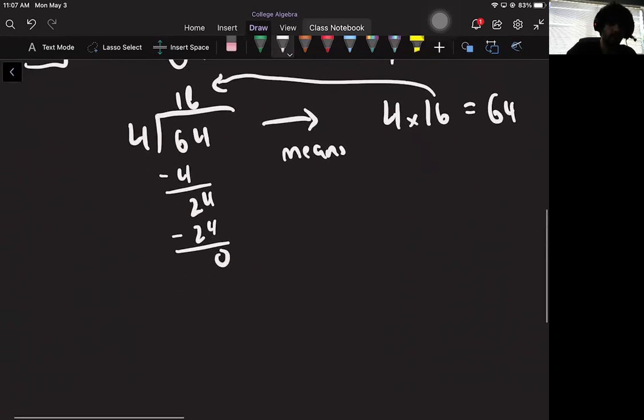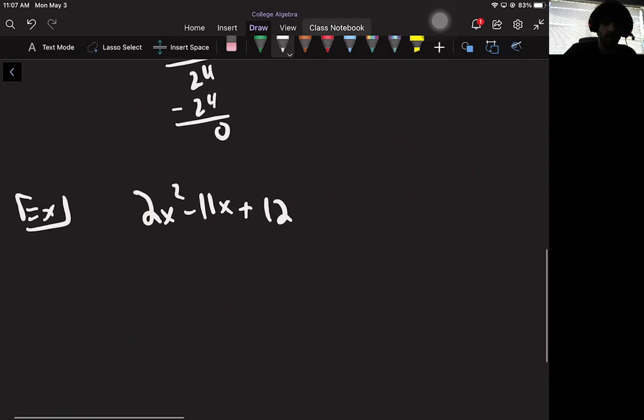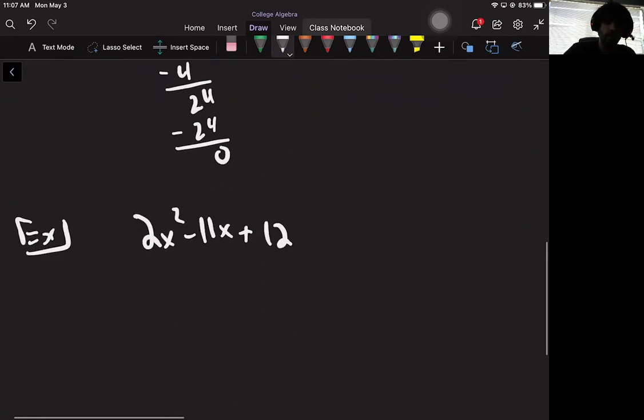So I could do the same thing with polynomials. That's the nice part. So for example, I could start with this polynomial, which is the same as the polynomial I wrote down earlier, and I could try to factor it by dividing by x minus 4.